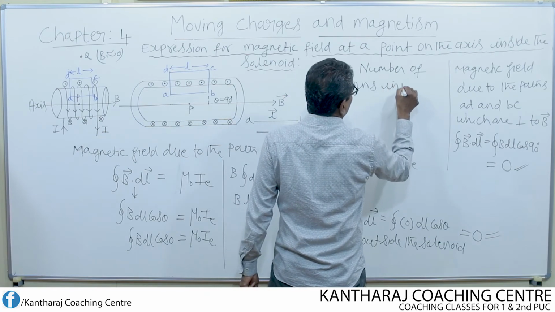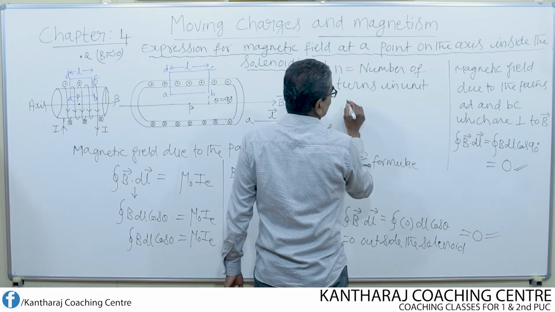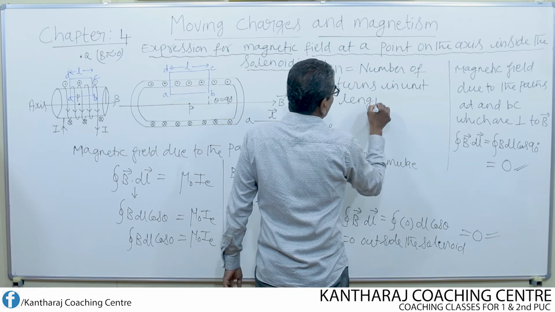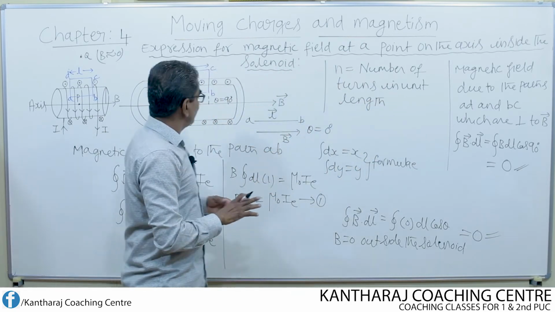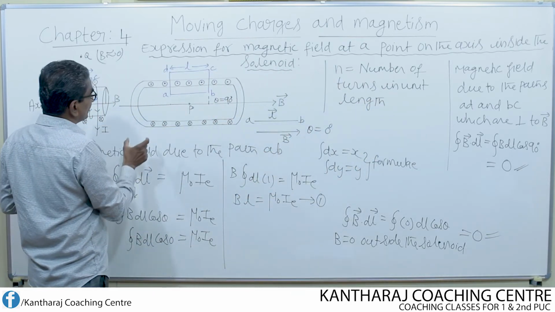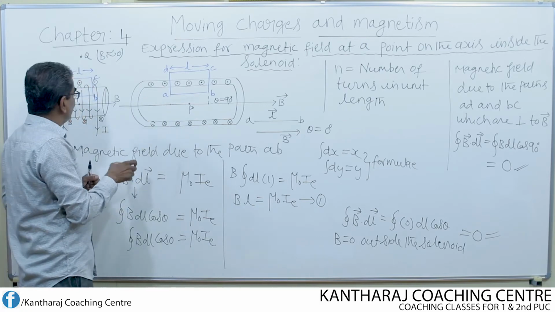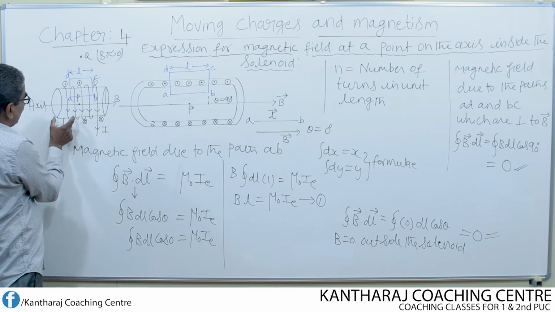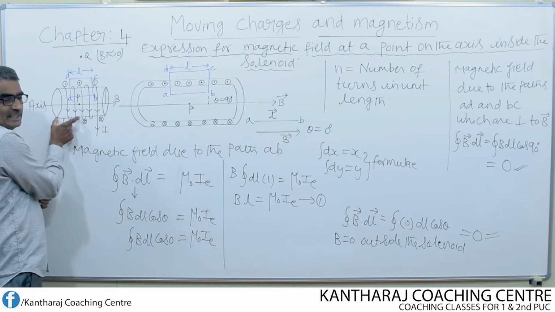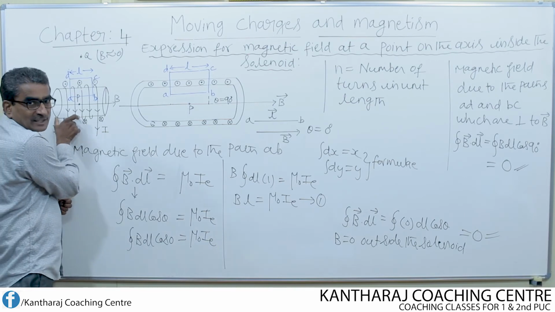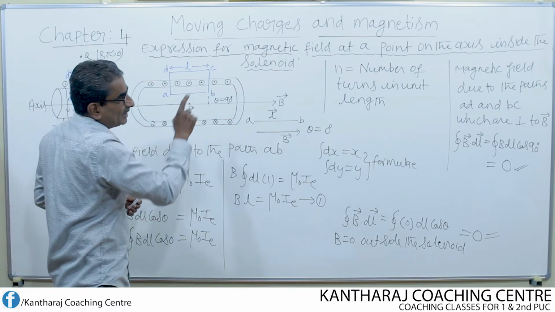That means for 1 meter length, suppose I consider 1 meter length of the whole solenoid, from end to end, then in 1 meter length how many turns are contained? That is nothing but small n.